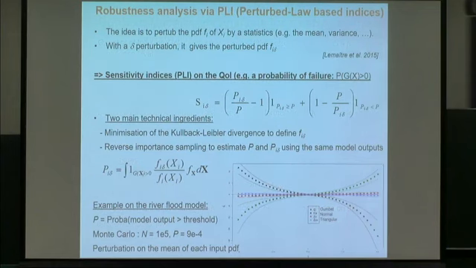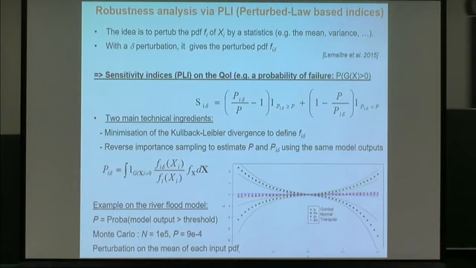perturbed-law based indices. The idea is you compute your quantity of interest with some input probability density functions, and we find a way to perturb them, in a certain sense, with some notion of Kullback-Leibler divergence. We perturb them, and with the perturbed density functions, we recompute the quantity of interest. And we define some sensitivity indices, which is the difference between the perturbed quantity of interest and the initial quantity of interest.